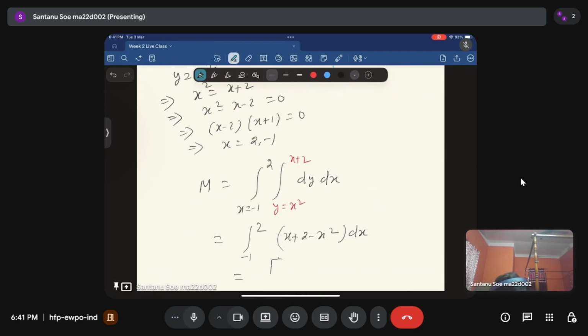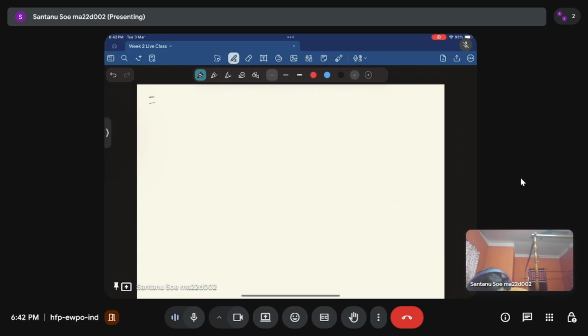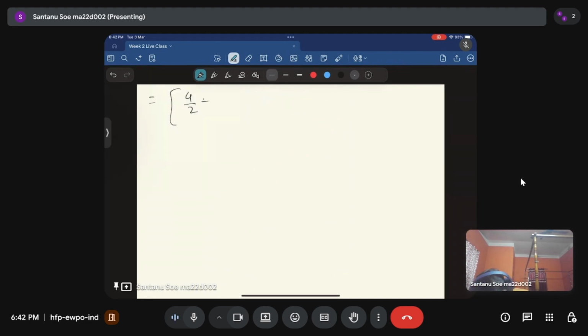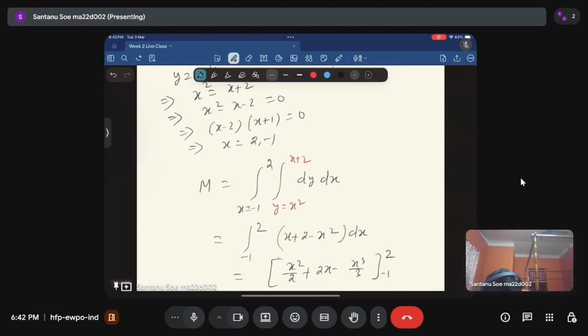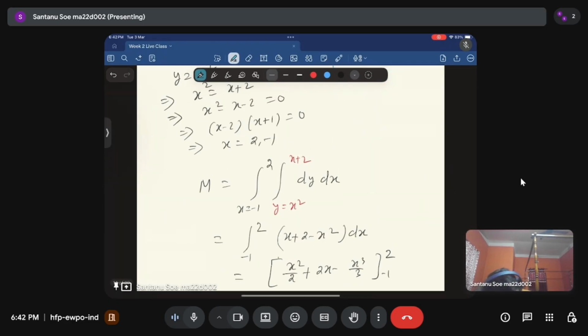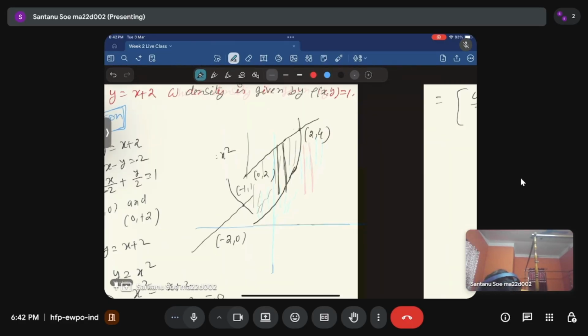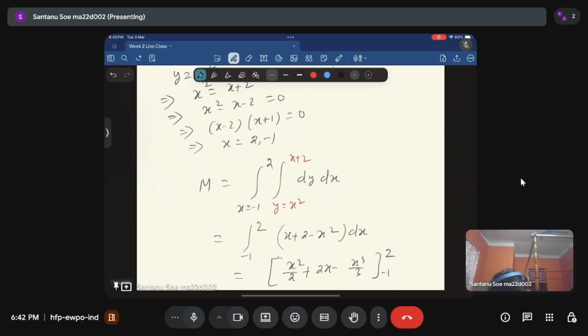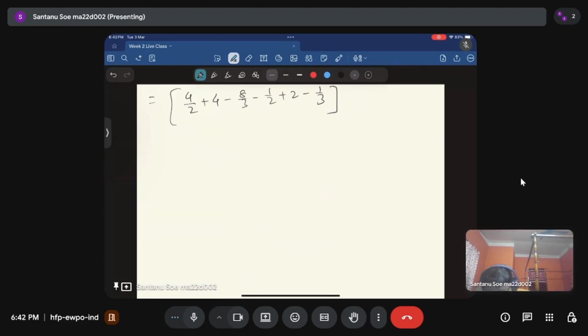So this will be x square by 2 plus 2x minus x cube by 3, from minus 1 to 2. So just put the values. This is 4 by 2 and then plus 4 minus 8 by 3, and then negative of 1 by 2, and then negative negative is positive, and then again negative, so this will be minus 1 by 3.